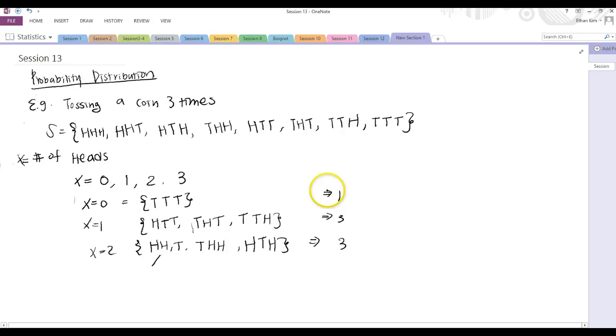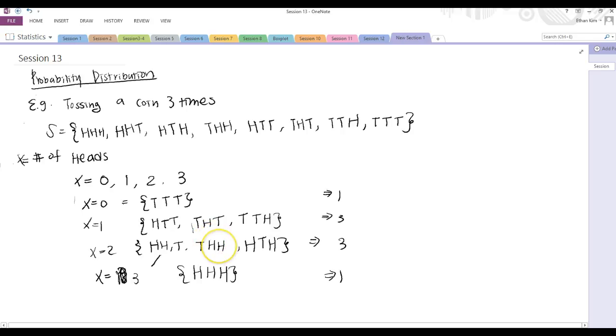And if x equals 3, then it's going to be H, H, H.